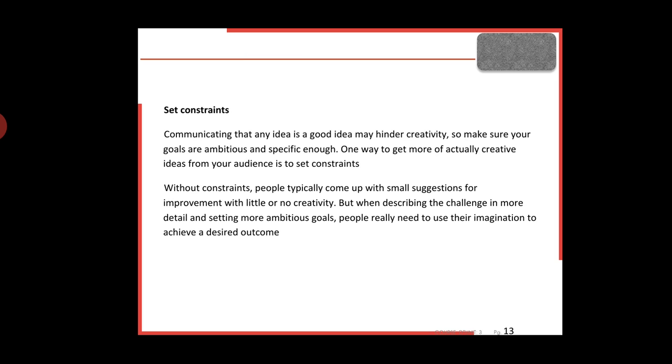Okay, once again I have to repeat what exactly ideation means. In the sense, it is the ability to form images of things that are not physically present. Okay, the goal of ideation, we want to explore a wide solution space in terms of large quantity and broad diversity of ideas.